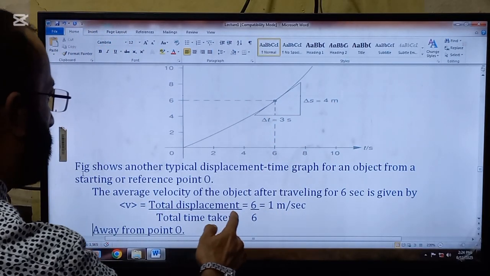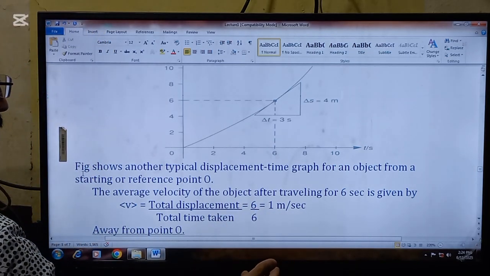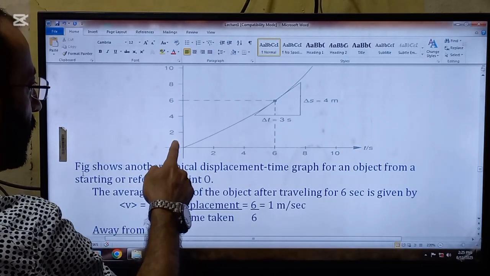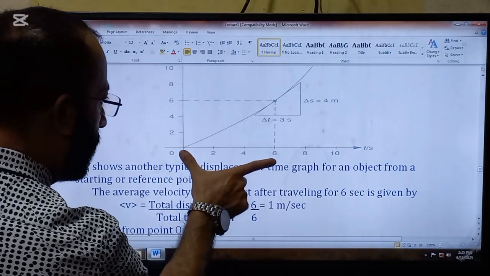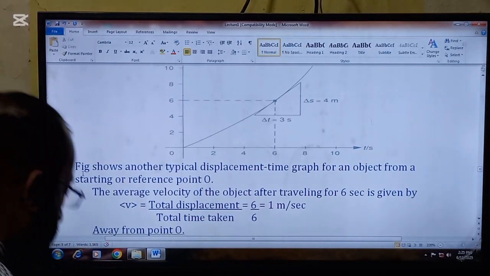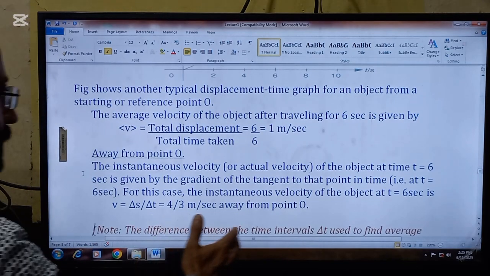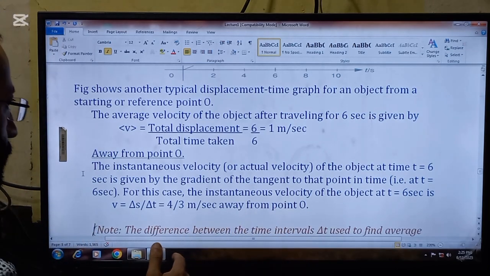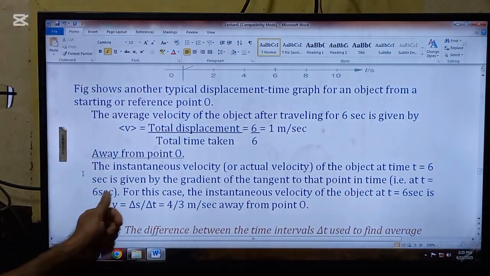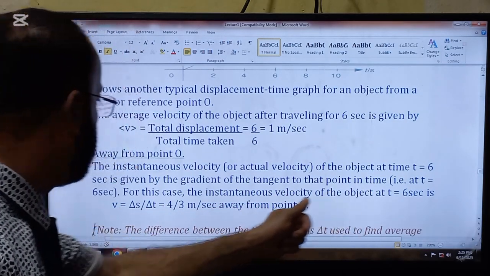So rise over run, 4 over 3. The average velocity of the object after traveling 6 seconds is given by, okay, first we are going to find the average velocity, that is total distance, that is 6 meters over total time, that is 6 seconds. So 6 by 6 is 1 meter per second. The instantaneous velocity of the object at time t is given by the gradient of the tangent at that point in time.